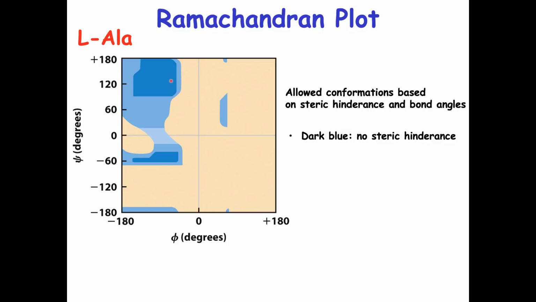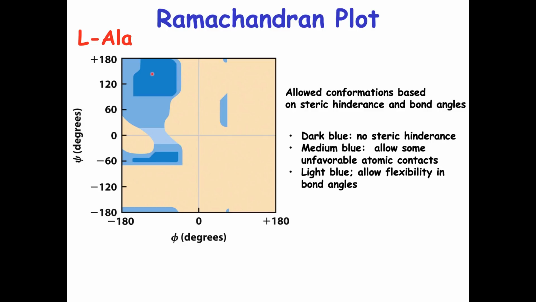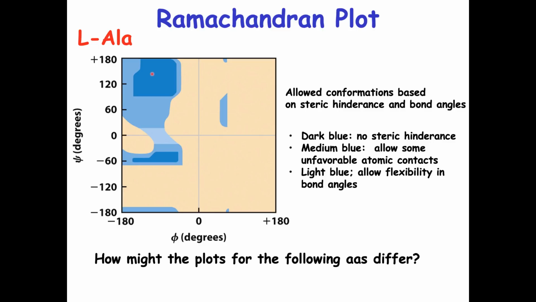Dark blue are angles at which there is no steric hindrance, and so the molecule is free to rotate in this area. Medium blue allows some unfavorable atomic contacts. Light blue, if you're really flexible in your bond angles, you can observe these. And then the yellow are strictly forbidden.